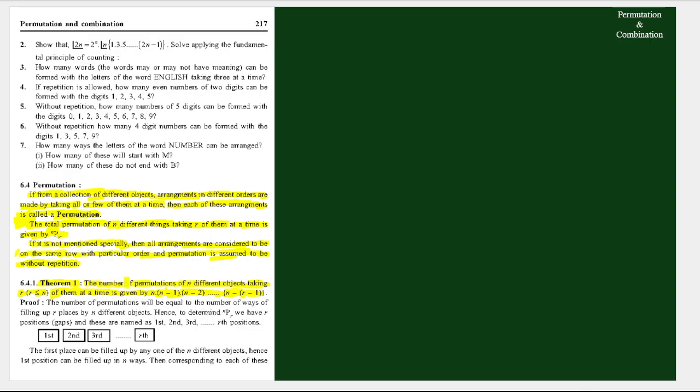This nPr is equal to n multiplied by n minus 1 multiplied by n minus 2, and so on. So our theorem is that nPr is equal to n into n minus 1 into n minus 2 dot dot dot n minus r plus 1.